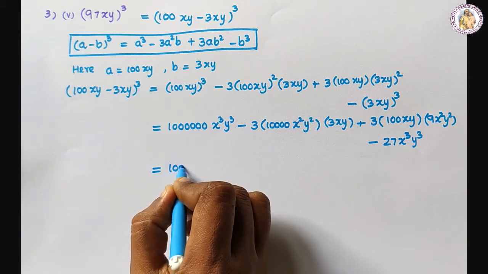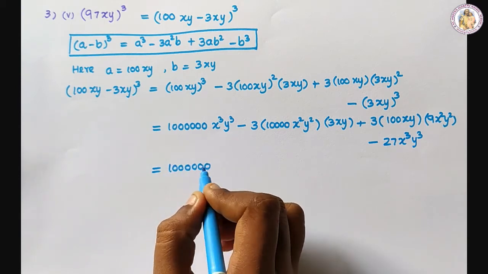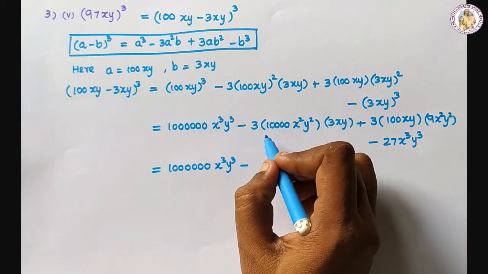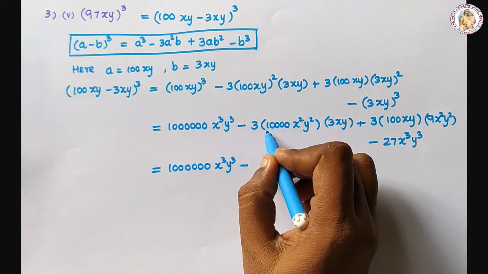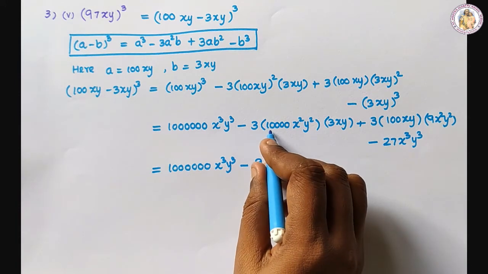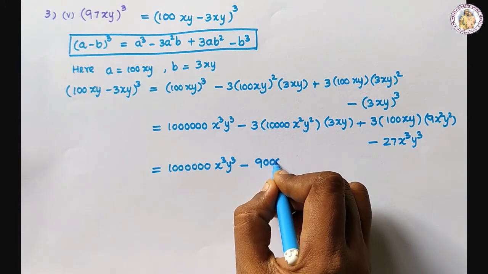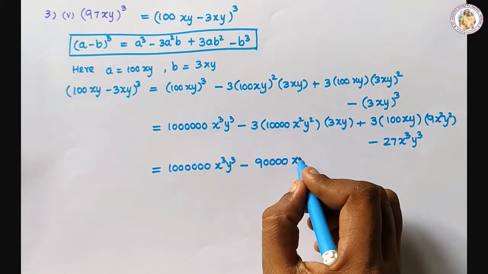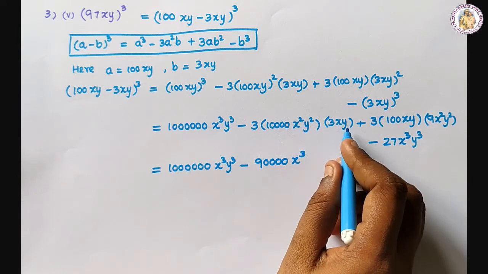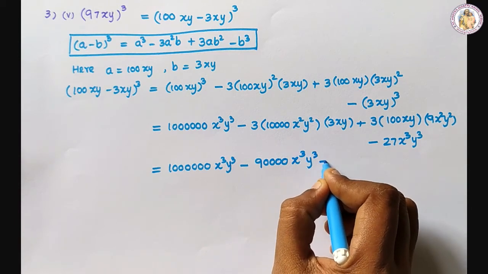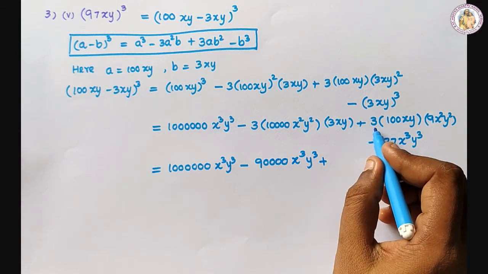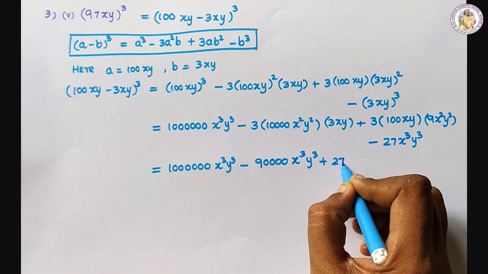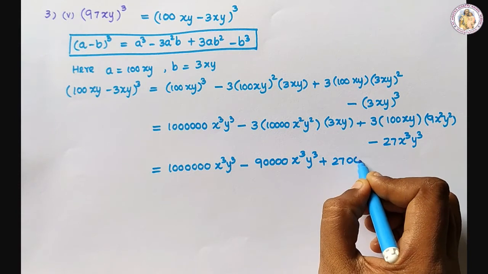Now 10 lakhs x cube y cube minus 3 9s are 9, 9 1s are 9. Put the 4 zeros, we get 90,000. x squared into x, x cube, y squared into y, y cube, plus 3 9s are 27 into 1, 27, 2 zeros.